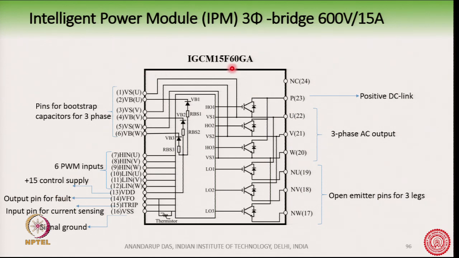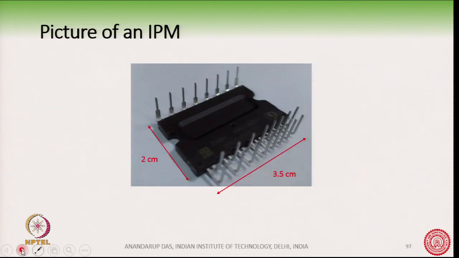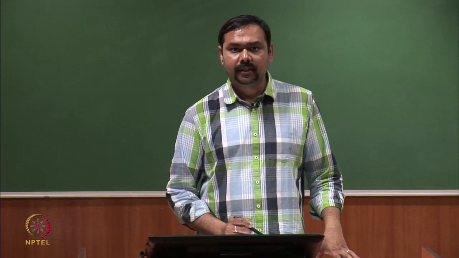All of them are inside this IPM module. What you have to do is give the PWM from the microcontroller, and this whole thing comes in a size of 2 centimeters by 3.5 centimeters. So, this is the advantage.